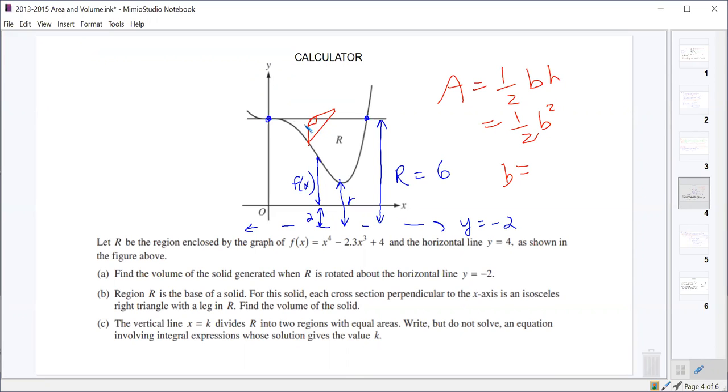What does b equal? Should be the distance from 4 to f of x. So that should be 4 minus f of x. Everybody good with that?